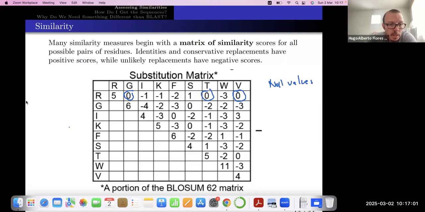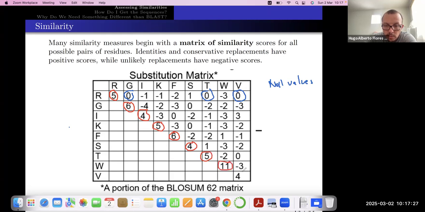In the case of the diagonal that you can see here, R matches R, G matches G, I matches I. This one is like the identity diagonal.